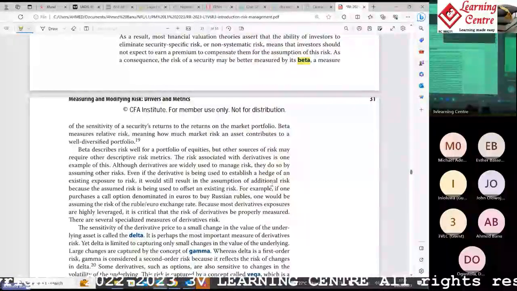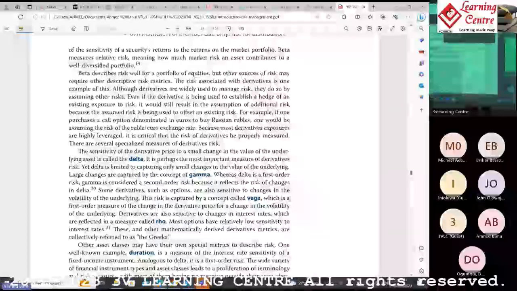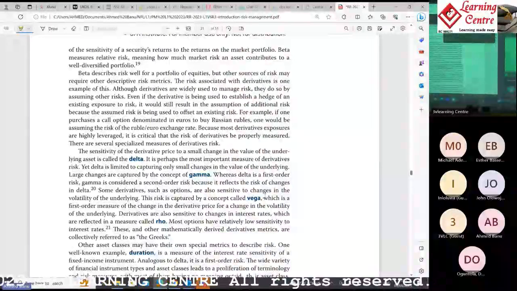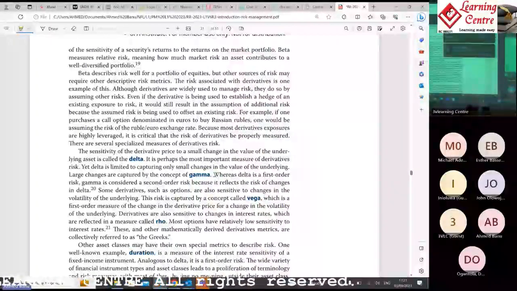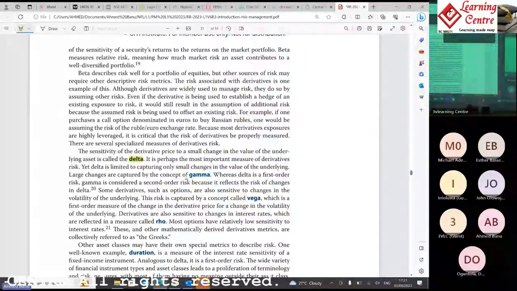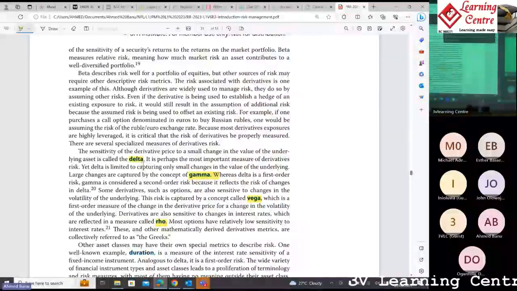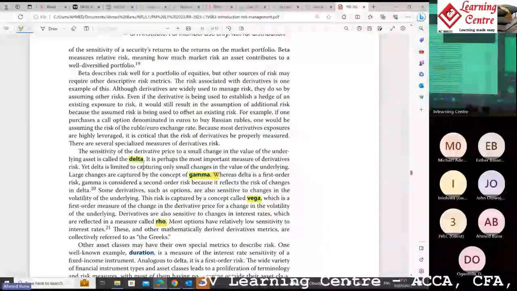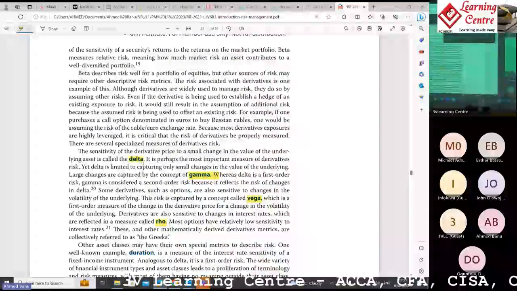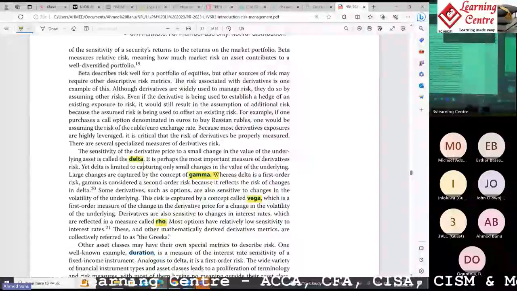So in the world of options, derivatives, we have four guys that are very important. The first concept is called delta, the next gamma, the next vega, and the next rho. So delta, gamma, vega, rho. They are all measures of sensitivities too. But let me not dive into them. They are all things that we are going to see under derivatives. But for delta, the whole concept of options is for you to have an underlying asset.